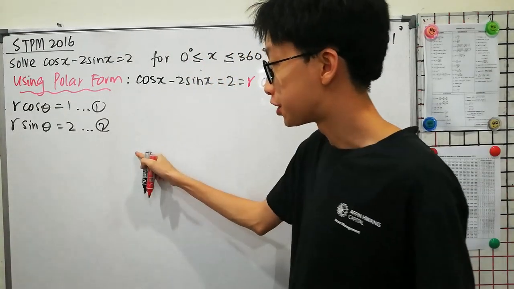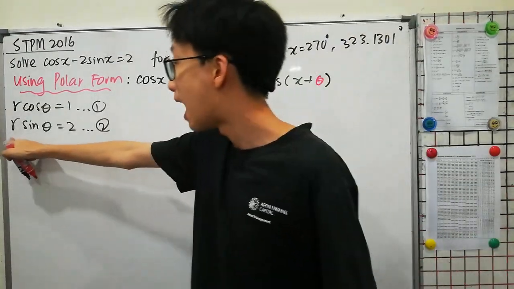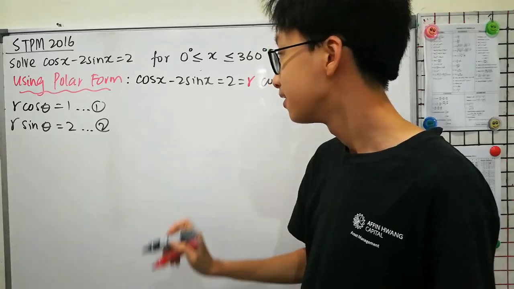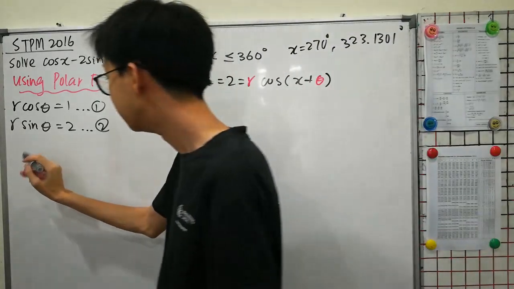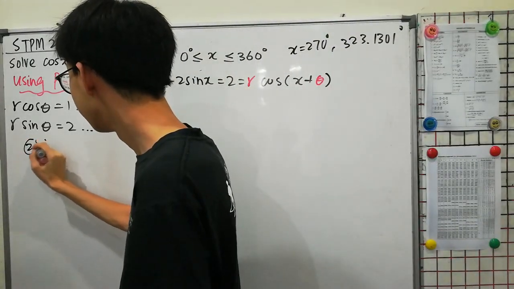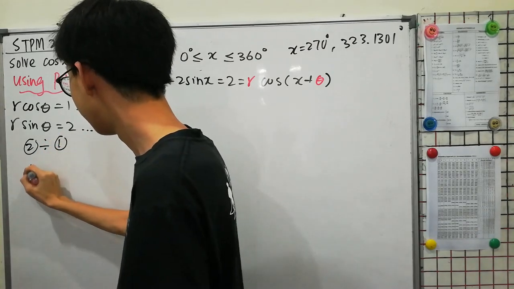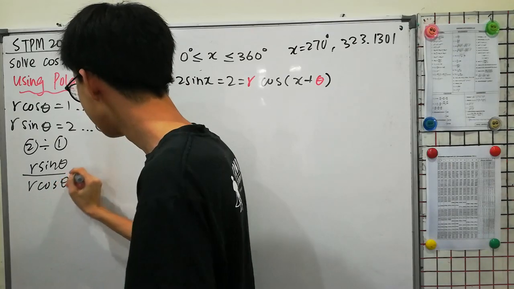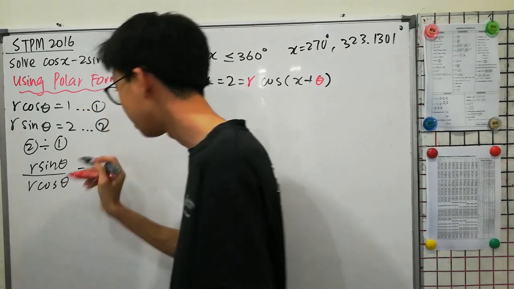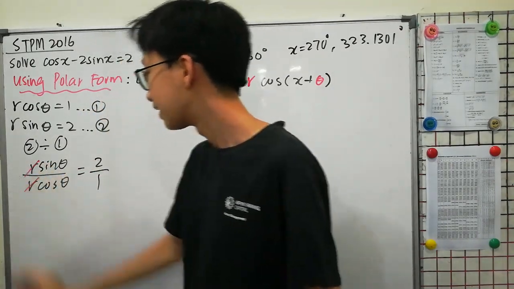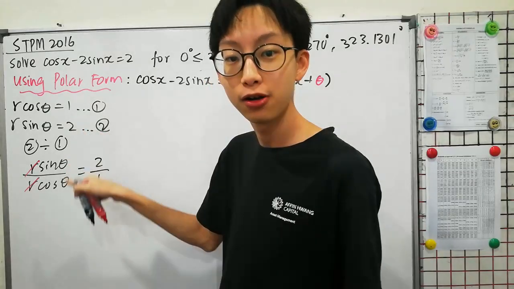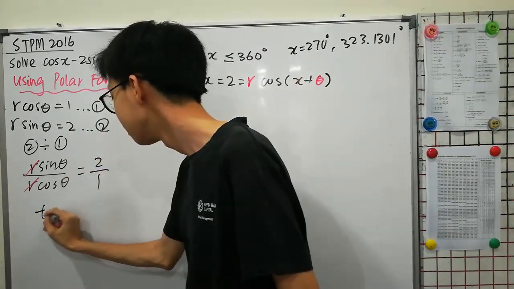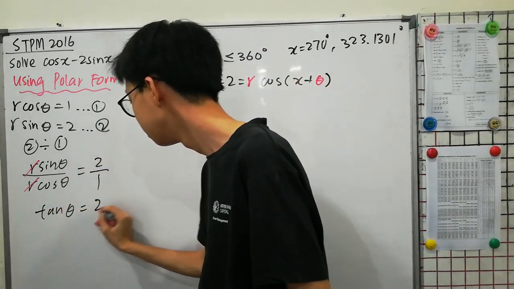Now we have 2 equations and we just have to solve for r and theta. Okay, so maybe I will try to divide equation 2 by equation 1. We have r sin theta over r cos theta equals 2 divided by 1. r and r can cancel. Sin theta over cos theta is tan theta equals 2.